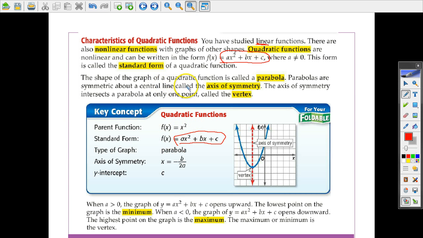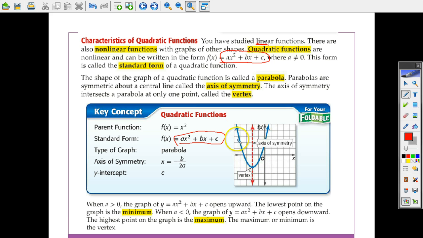The shape of the graph of a quadratic function is called a parabola. Parabolas are symmetric about a central line called the axis of symmetry. Okay, so what does that mean? This parabola, it's a curve, but it's not just any curve. It has symmetry.